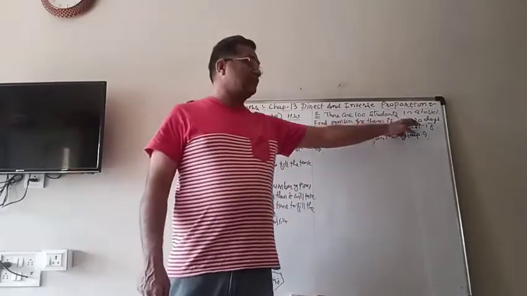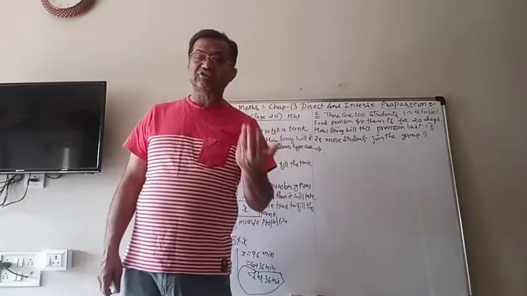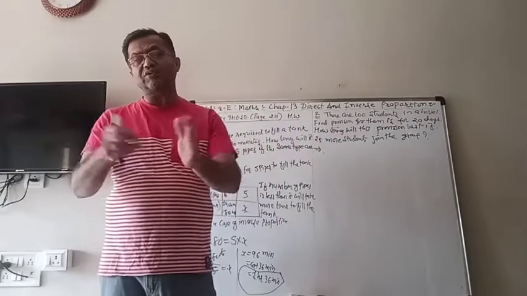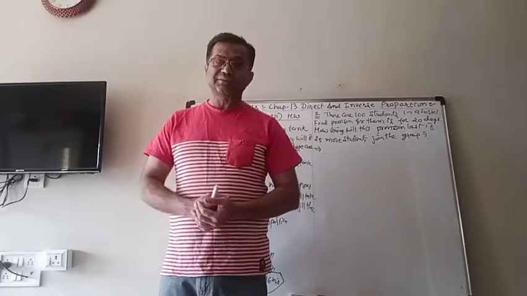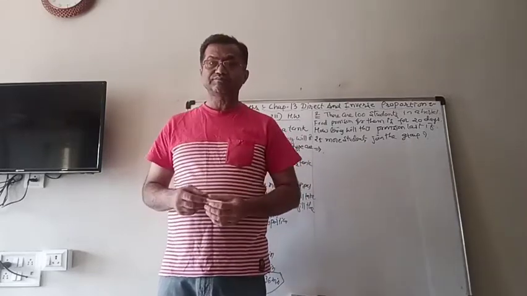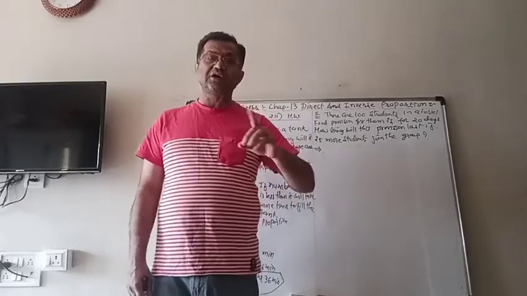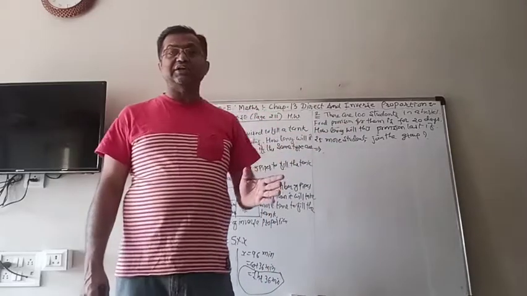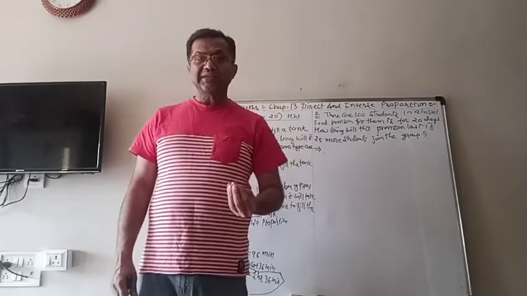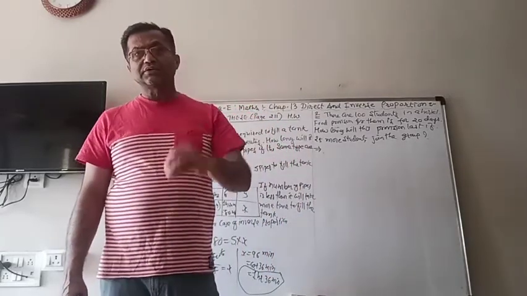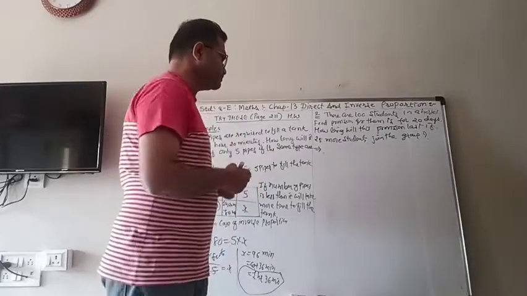Then will it last for 20 days? More than 20 days, or less than 20 days, or equal days? Obviously, the food will be used up quickly, so it will last for fewer days. So here also it is a case of inverse proportion.